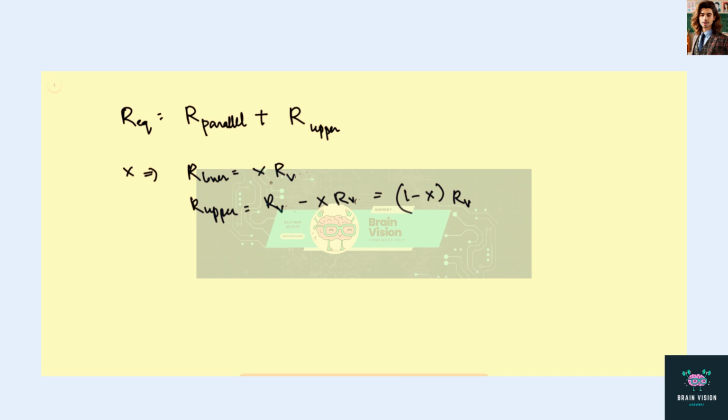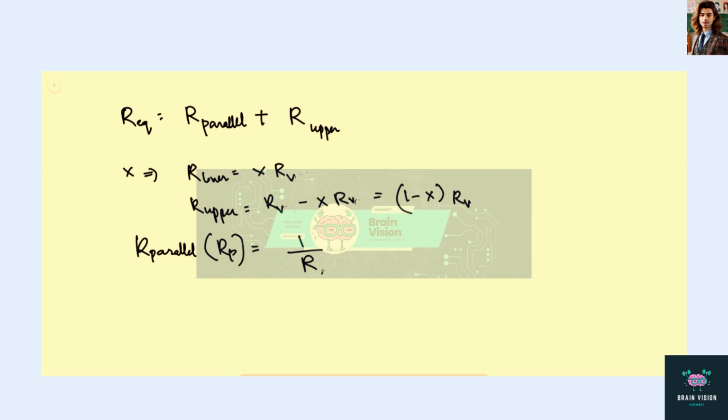So now we plug these two, basically the last one over here, and we need to find R parallel. So R parallel, let's call that R_P from now onwards. Since this is the parallel combination of the bulb and the lower portion of the potentiometer, we use the reciprocal rule to find the equivalent resistance.